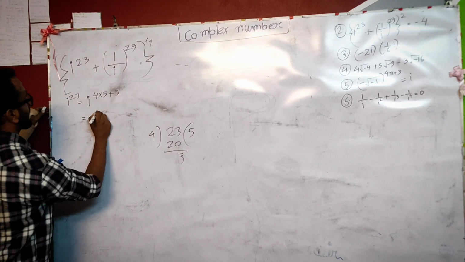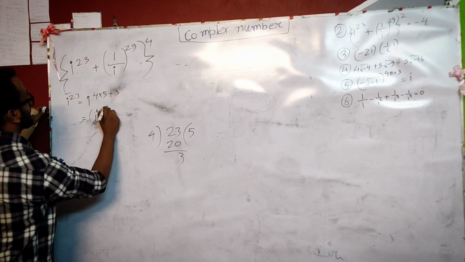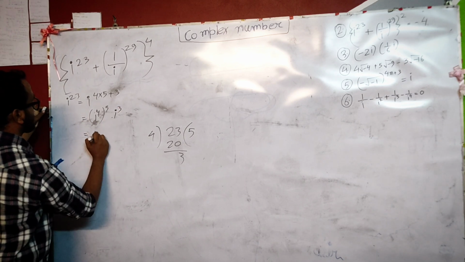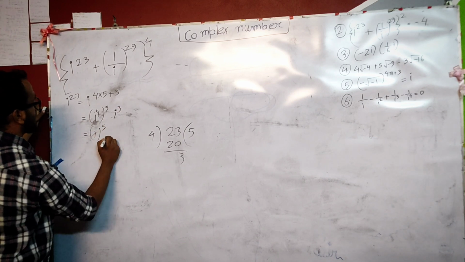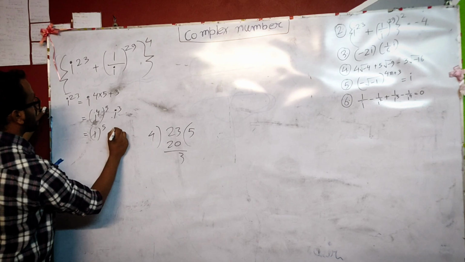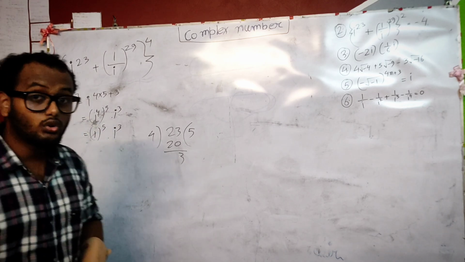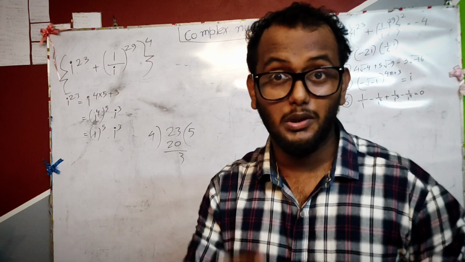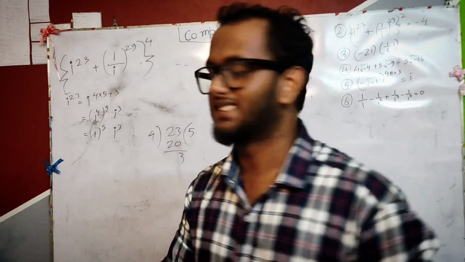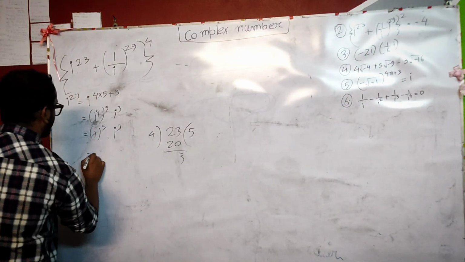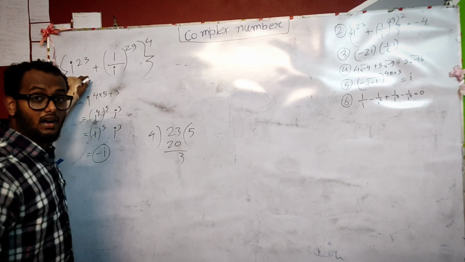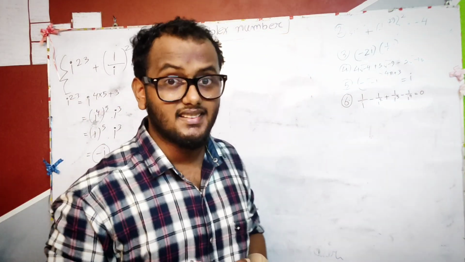And what is i to the power 4? This is always 1. So it is 1 to the power 5 into i cube. 1 to the power 5 is 1, and what is i cube? Minus i. Can you recall from the first lecture? Yes, so minus i. Done. So the value of i to the power 23 is minus i.